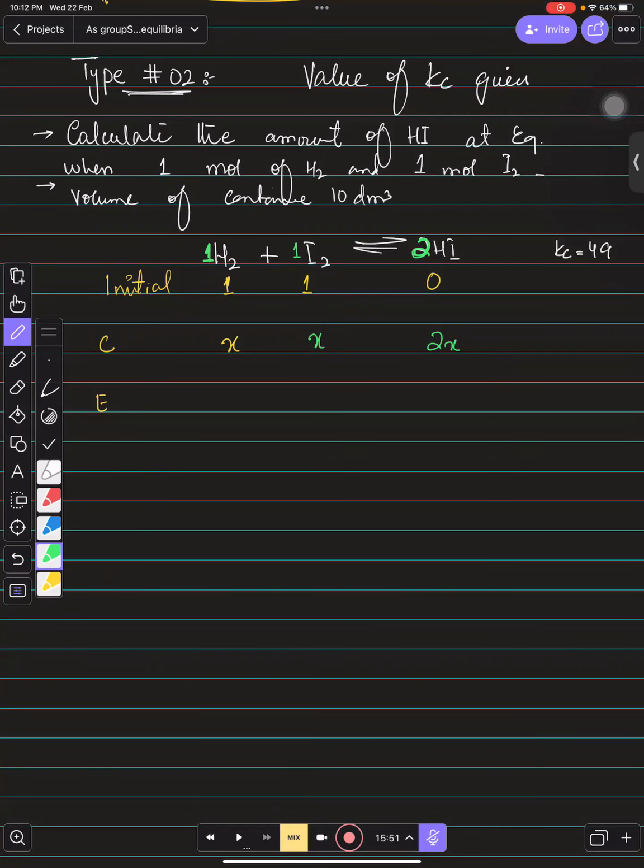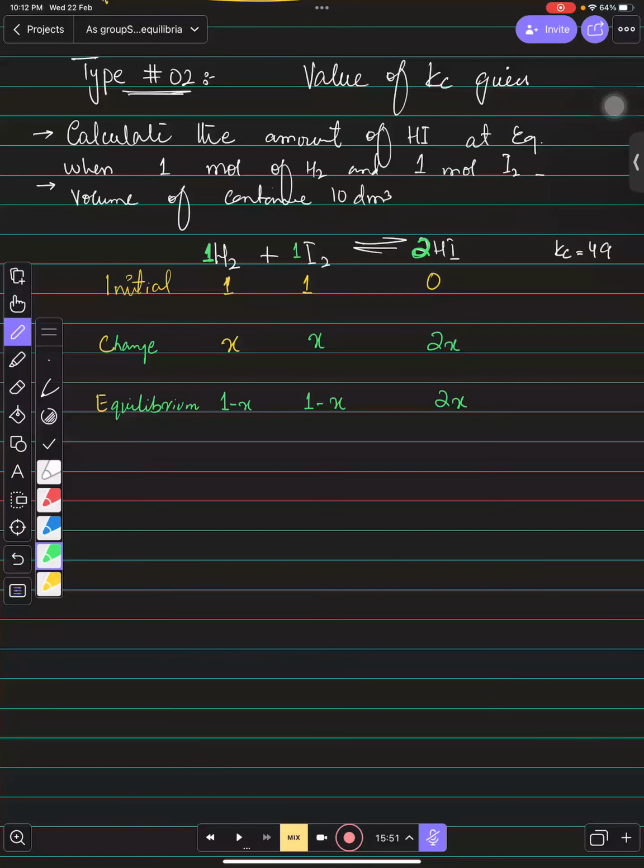Then for the reactants at equilibrium, we need to subtract the value, and for the number of moles of product at equilibrium, we need to add. So the answer should be 1 minus x, 1 minus x, and 2x, right, Bacho?